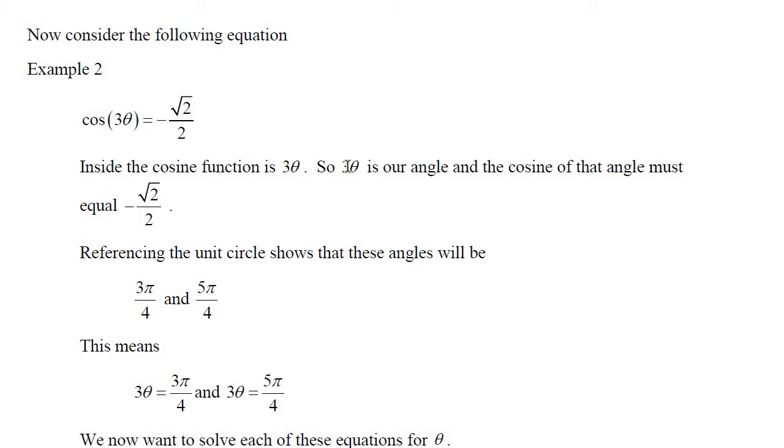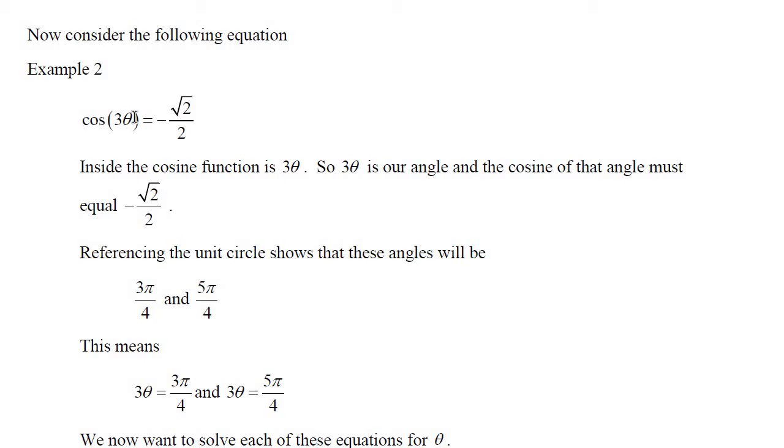So if we look on our unit circle, every time where the cosine is negative square root of 2 over 2, there's going to be two places where that occurs: 3 pi over 4 and 5 pi over 4. So those are the two places where the cosine is going to equal negative square root of 2 over 2.